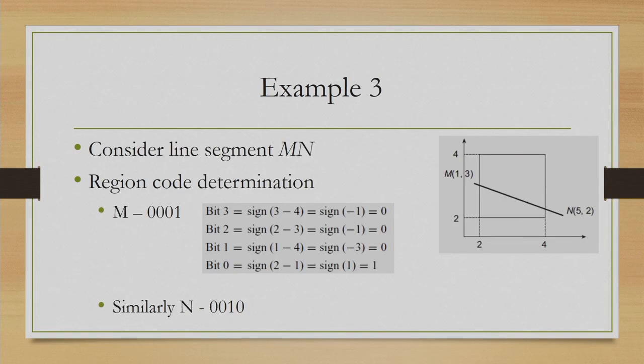Now, let us consider a slightly more complicated line segment given by M and N. As before, we can determine the region code as shown here for both the endpoints M and N, which turns out to be for M it is 0001 and for N it is 0010.